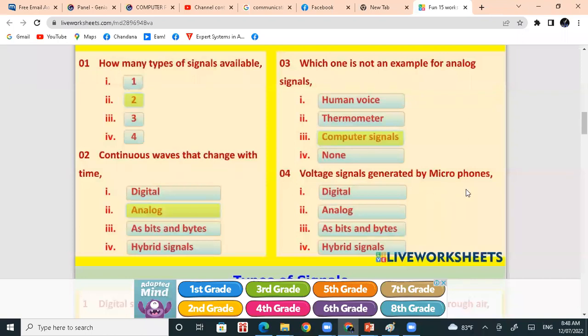A microphone is a device you use to record your voice, or input your voice to the computer. Therefore, which type of signal should a microphone have? Digital signal. The answer should be digital.